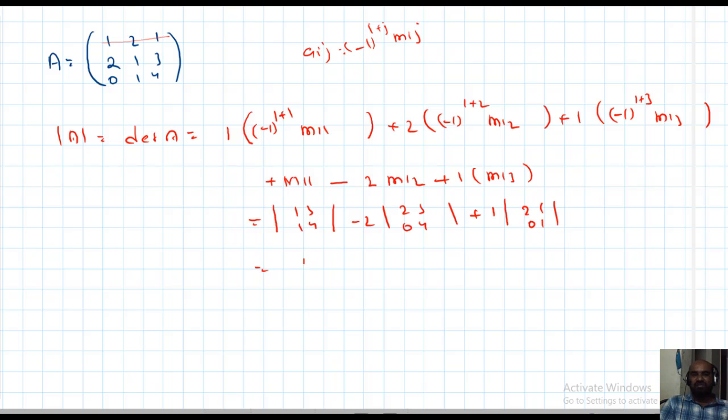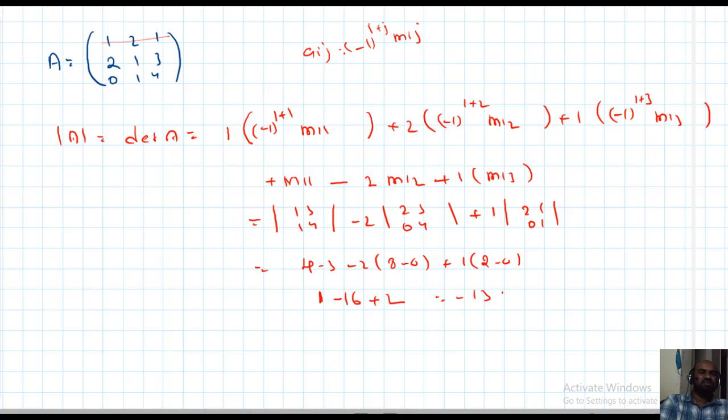So what do we get? This is 4 minus 3, minus 2 into 8 minus 0, plus 1 into 2 minus 0. 4 minus 3 is 1, minus 16 plus 2, that equals minus 13. We got minus 13.